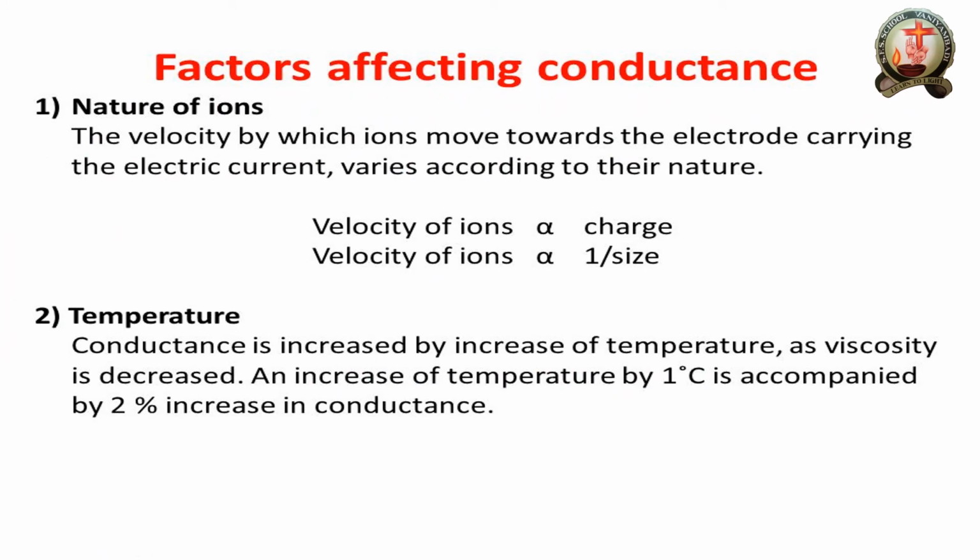So you can understand fully the molar conductance, resistance, mole conductance and equivalent conductance. But here also some factors are affecting the conductance. What are the factors? The nature of the ion, whether they are having a big charge or a small charge, which depends upon the size of the atom.